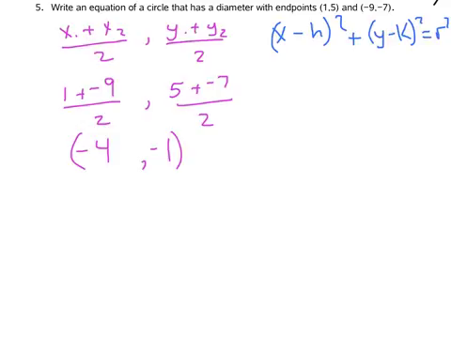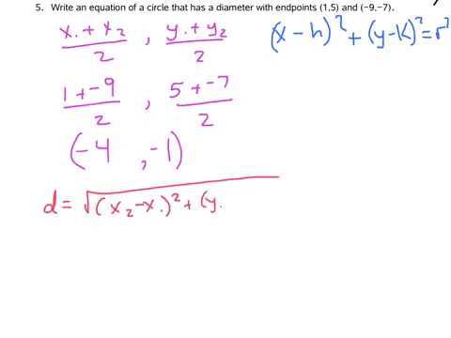So the radius is going to be the distance from the center of the circle to one of the points on the circle. So I just need to pick a point and my center and use the distance formula. So since distance equals the square root of x2 minus x1 squared plus y2 minus y1 squared, I plug in everything I need.